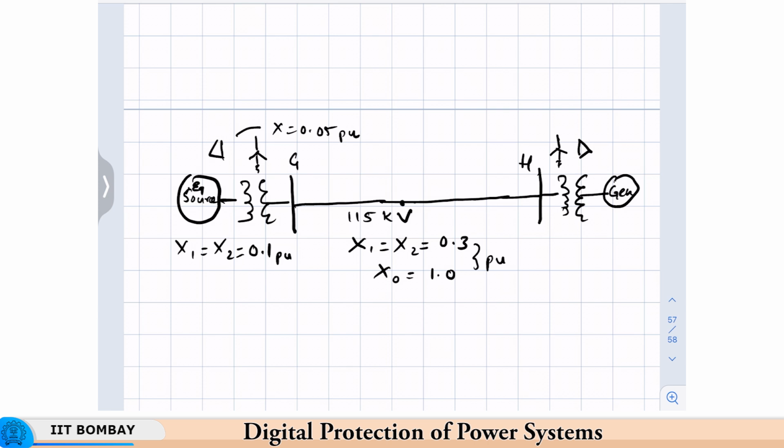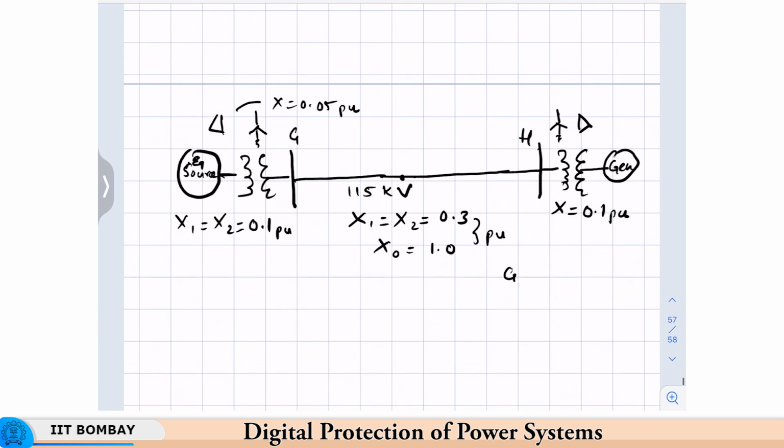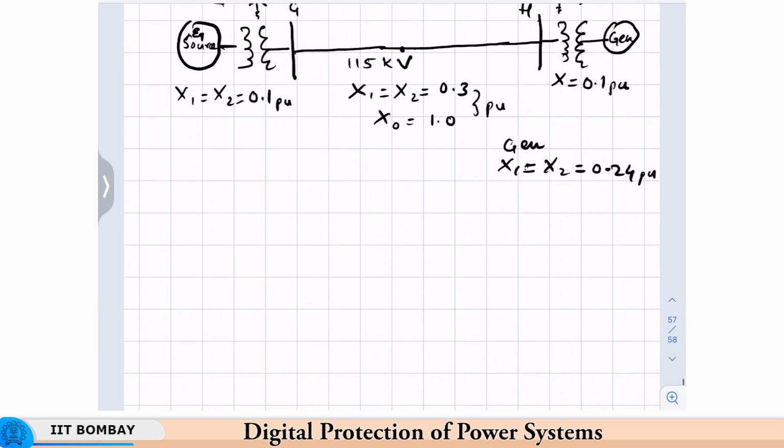For this transformer X, the per unit leakage impedance is 0.1 pu, and for the generator on the right hand side, x1 equal to x2 equal to 0.24 per unit. Okay, and what is the problem? Calculate the line to ground faults at buses. This is the first part of the problem.